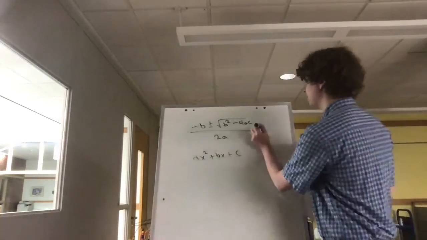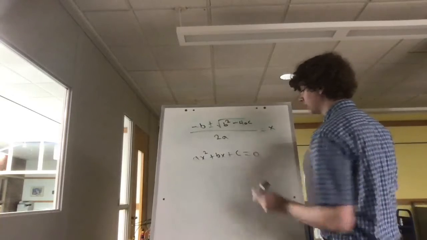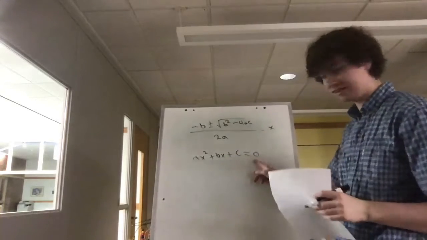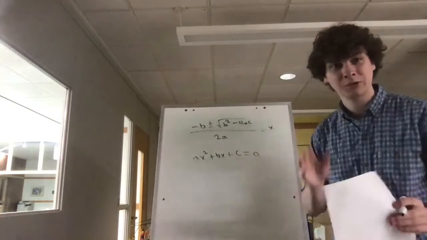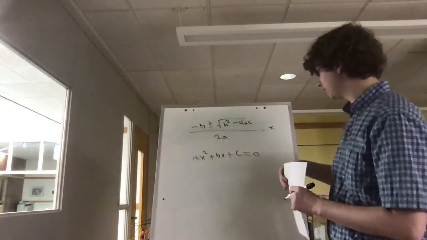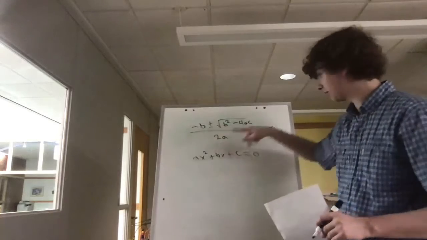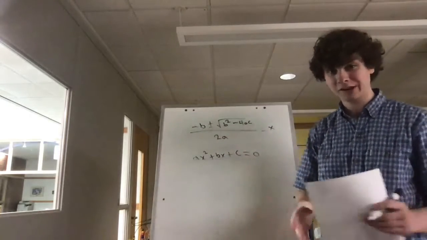So this gets us x, and this we have to make sure is set equal to 0. And we set this equal to 0 because we're finding when y equals 0. Because in other words, this is like y equals ax squared plus bx plus c. So we went from this to this. And the how of that we'll go over in the second segment.